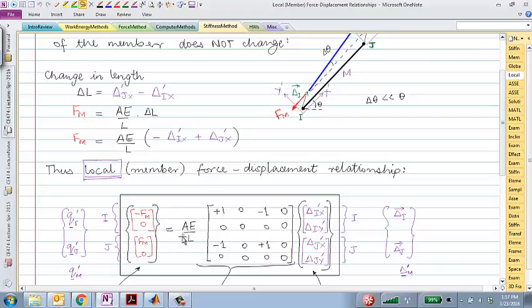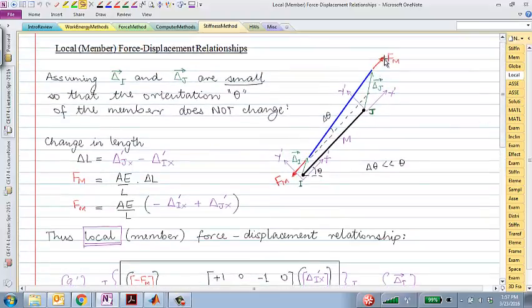And if you look closely at it, row number one represents this force, which is in the minus x prime direction, and row number 3 is the exact same equation, but for this force in the positive x prime direction.